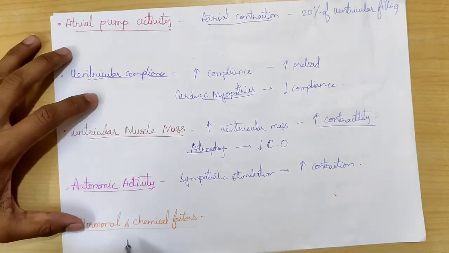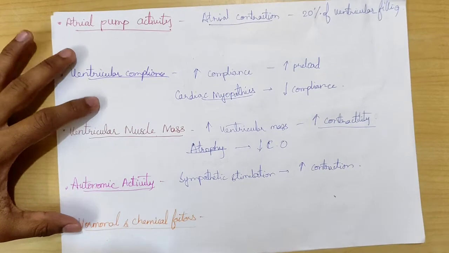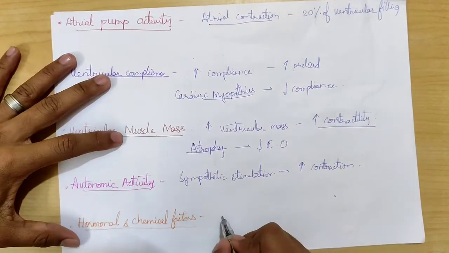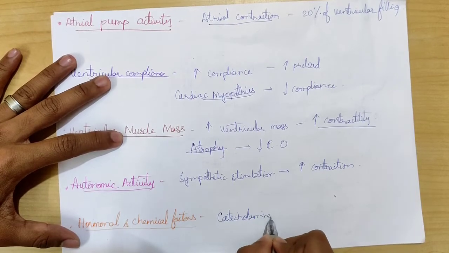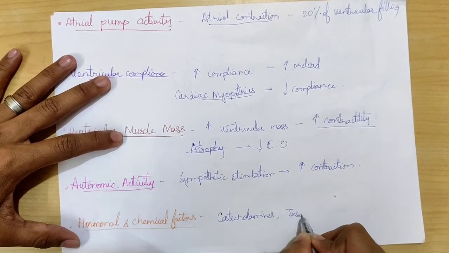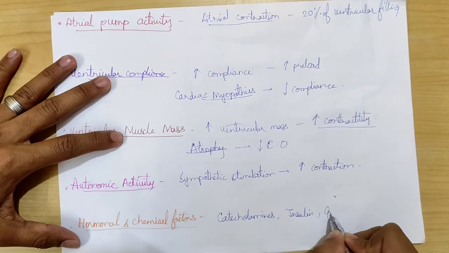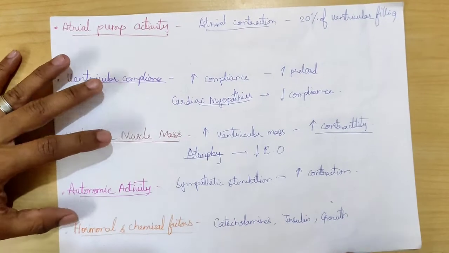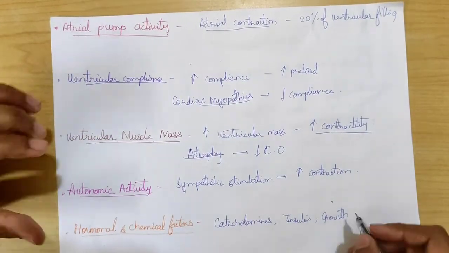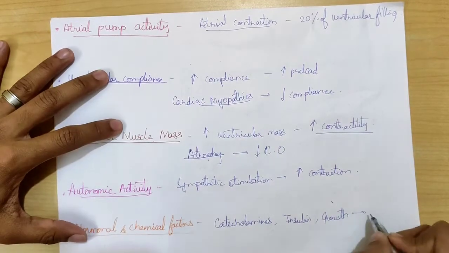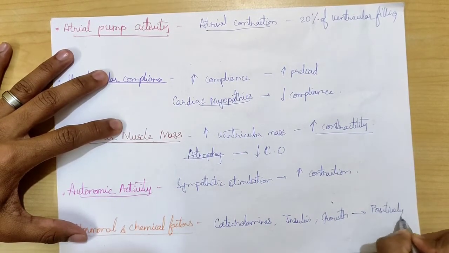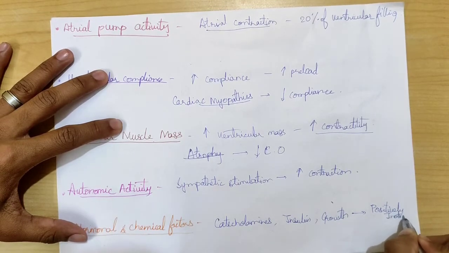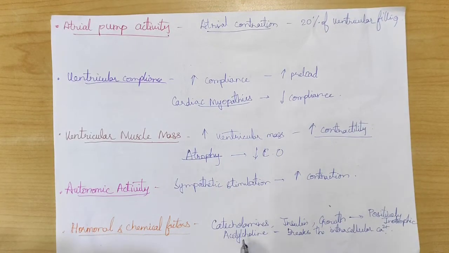The next factor is the hormonal and the chemical factors. In the previous video, I talked about hormones like catecholamines, insulin, and growth hormone, which increase the cardiac output because they are positively inotropic. And there is also another hormone, that is acetylcholine.